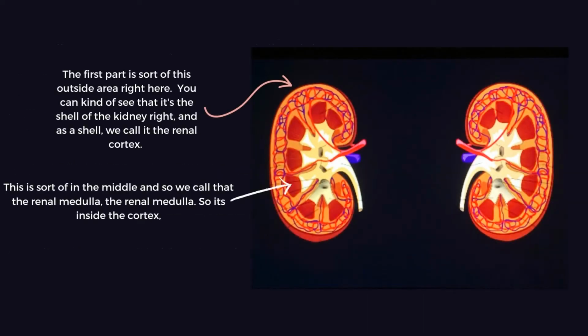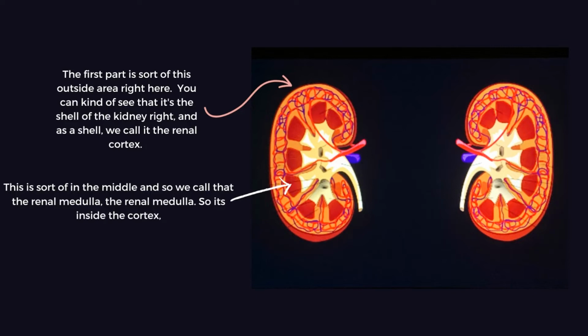The nephron is situated in two parts of the kidney. The first part is this outside area right here. You can see that it's the shell of the kidney, and as a shell, we call it the renal cortex. Cortex is a term you've probably heard before. Cortex just means the shell.